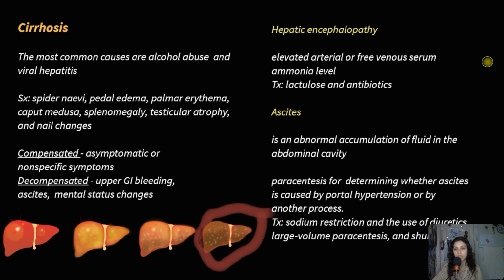Ascites is an abnormal accumulation of fluid in the abdominal cavity, and it's very important to do paracentesis for determining whether ascites is caused by portal hypertension or by another process. Treatment is sodium restriction and the use of diuretics, large volume paracentesis and shunt.